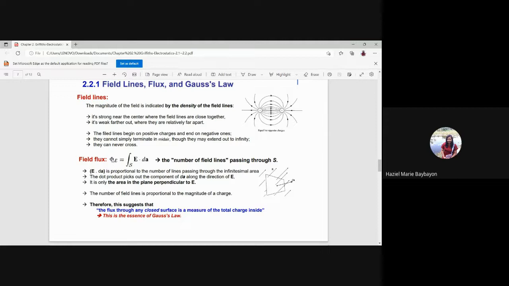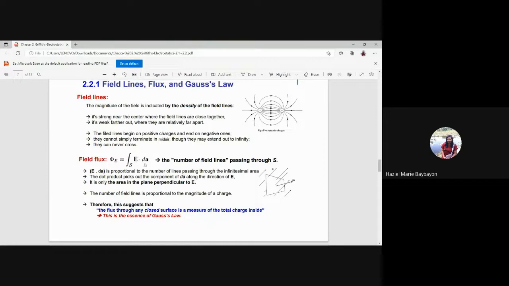What is this, class? The Greek letter phi, which is equal to the integral of E dot dA. So you have here E, the electric field, and then you have another vector, the area vector dA.